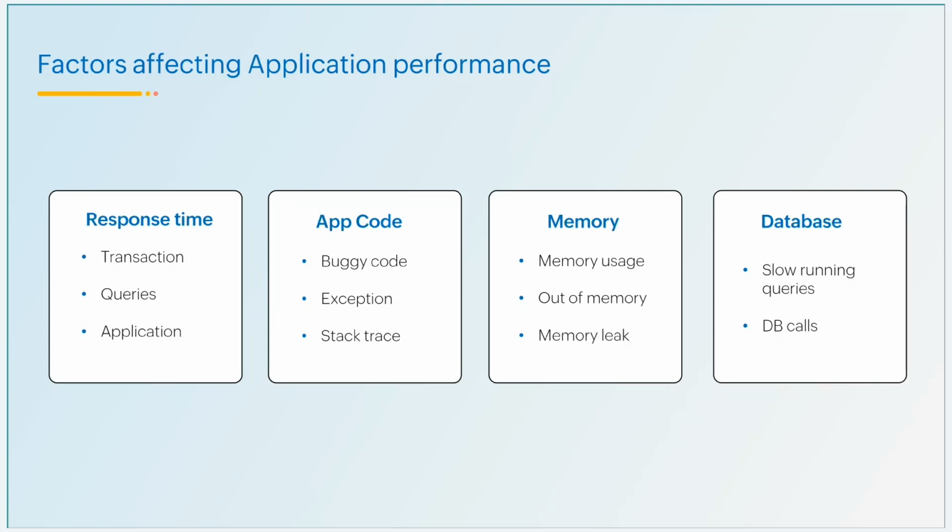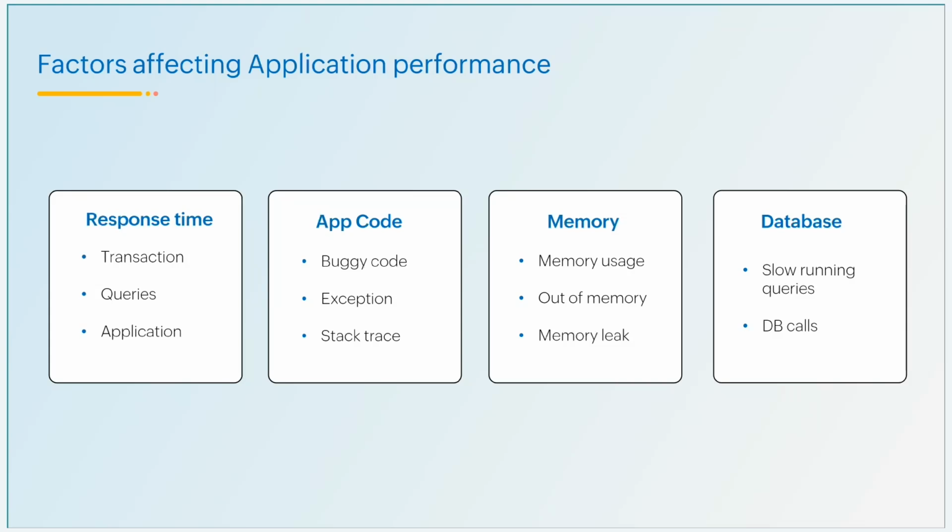The next is the application code. We know that bugs in the application code can lead to unexpected behavior, crashes, or performance degradation. Inefficient or excessive exception handling can impact the performance, and the frequent exceptions might indicate issues that need some attention.